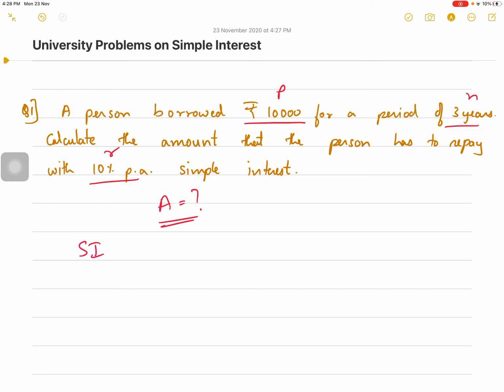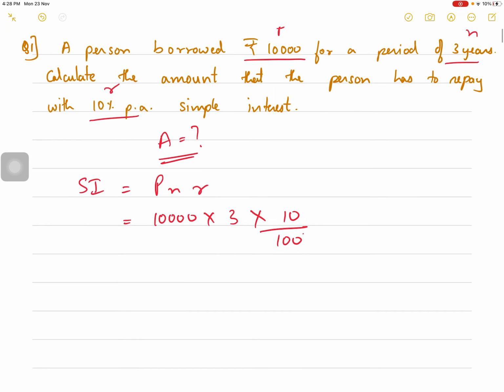Simple interest is equal to P into n into r. P is 10,000 into n, which is 3 years, and r is 10%, so 10 upon 100. So simple interest is 3,000.